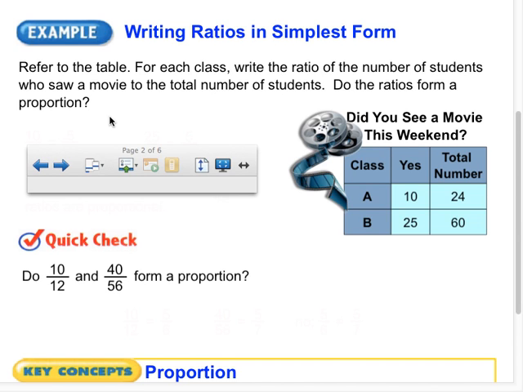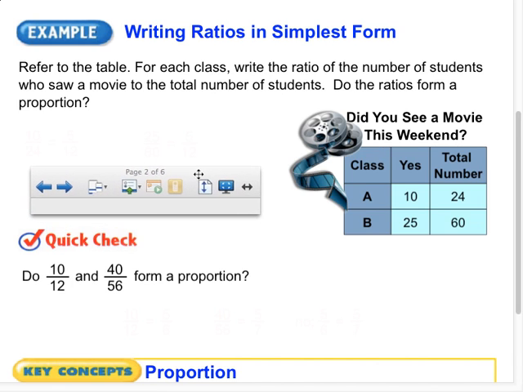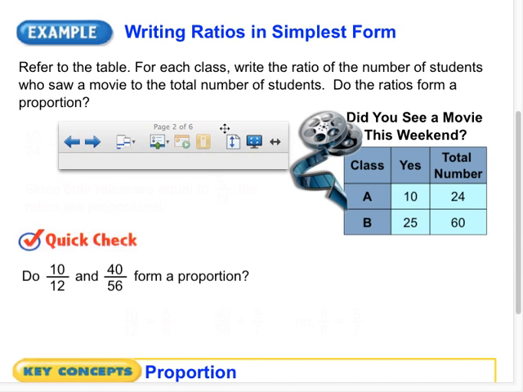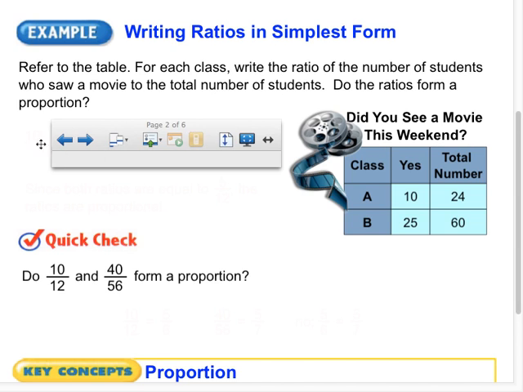Okay, so can you give me one of the ratios? 5 to 12. You got 5 12ths. Okay, and that came from what? Which one? Class A. So Class A's ratio is what? 10 to 24. And then you simplify that to 5 12ths.